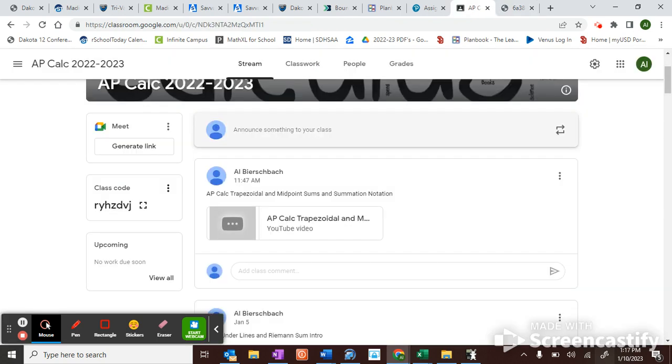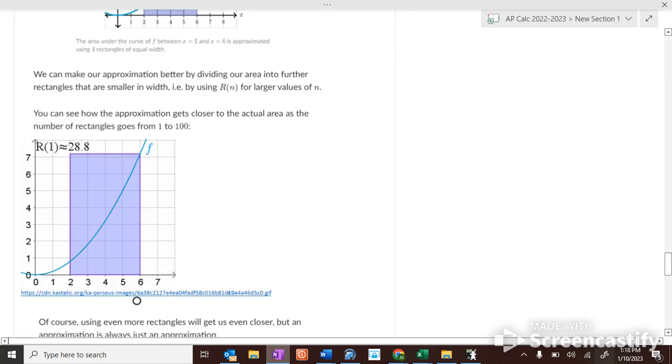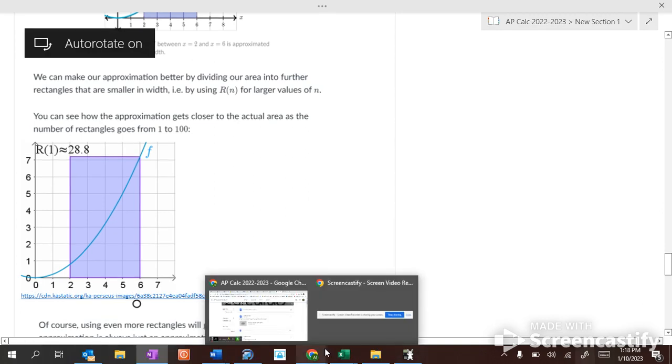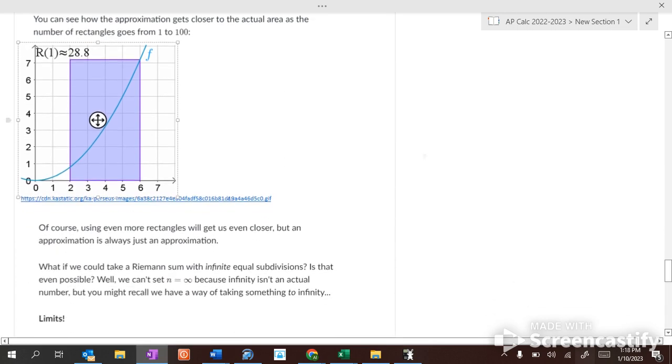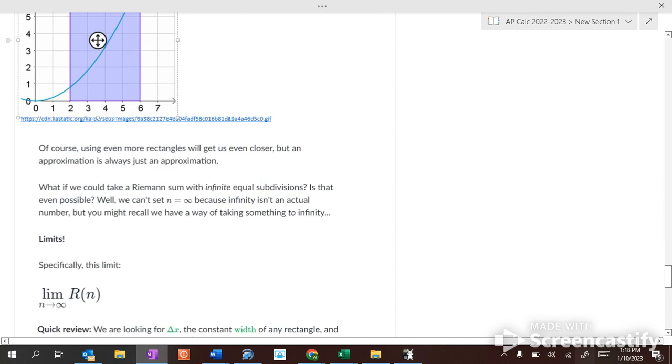So, what does that remind you of from first semester, of going and keeping going till it's so small that we can't do it anymore? Oh, it would be a limit, when we keep getting closer and closer.